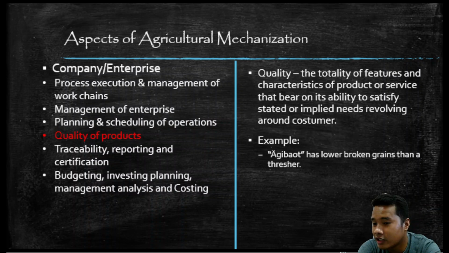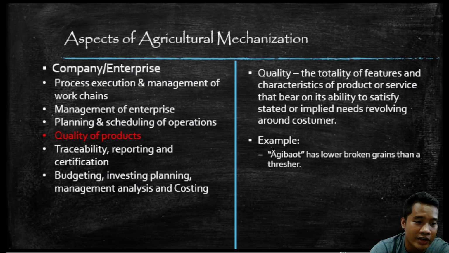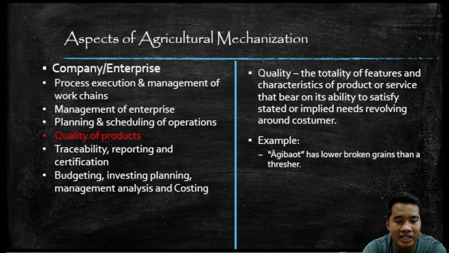Another one is the quality of products under this company and enterprise. Quality is the totality of features and characteristics of products or service that bear on its ability to satisfy stated or implied needs revolving around the customer. Okay. For example, a thresher. Okay, based on some talks with farmers, a thresher has lower efficiency compared to the traditional way of harvesting or threshing rice, called in Ilocano agibaot.